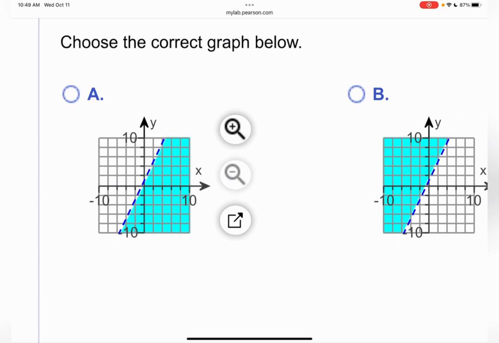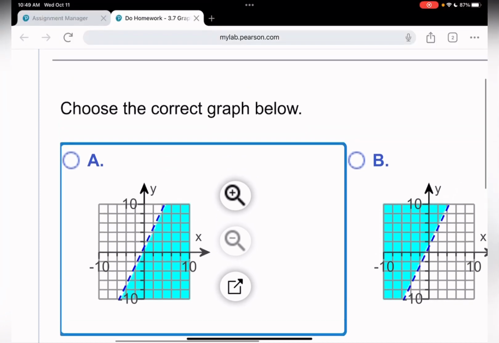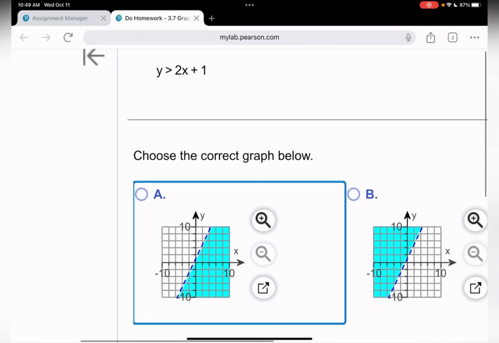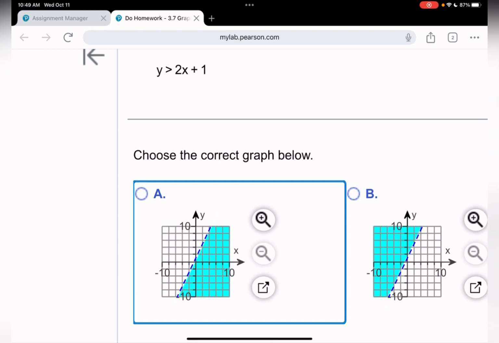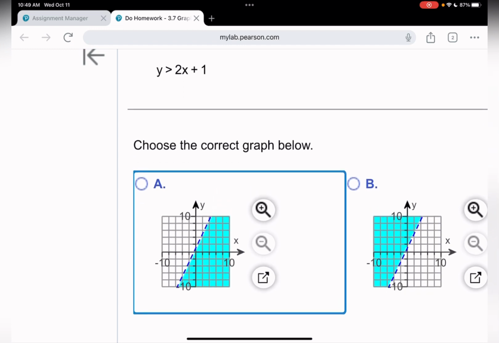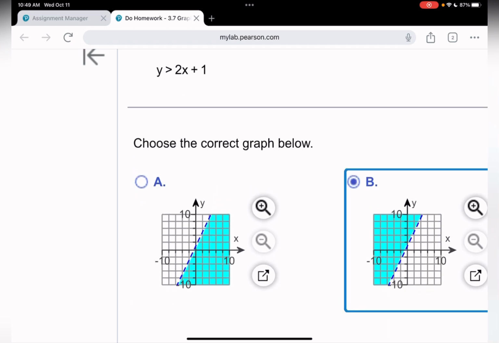So it's a point to the right. 2 times 4 is 8 plus 1 is 9. So 2 cannot be greater than 9, which means it's going to be to the left, and it's going to be B.